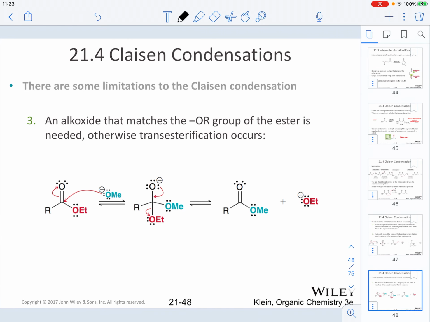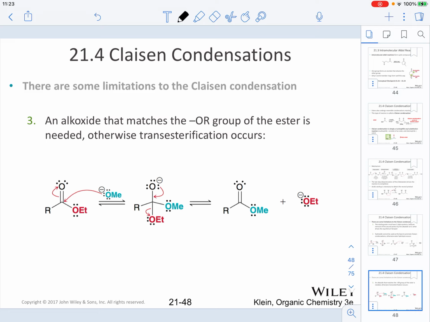Thirdly, understand that an alkoxide that matches specifically the OR group of the ester is needed, because if it's not utilized, then what is going to happen is transesterification.